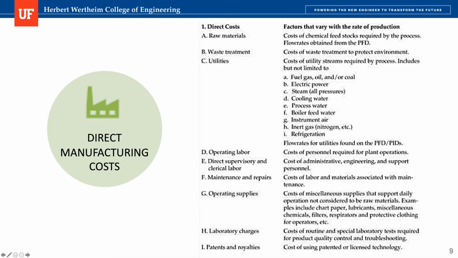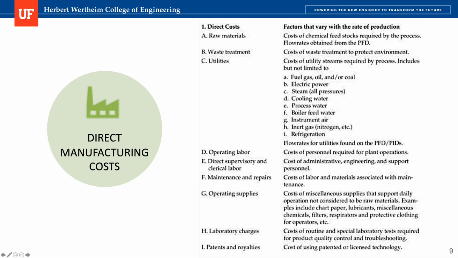Like, for example, maybe you need to add some particular molecule into the process, or maybe you need to consider the catalyst cost to make sure that the process happens. Also, you need to consider the operating labor, and this is the cost of personnel required for plant operations. You may have different types of operators in the plant, so you need to consider those.